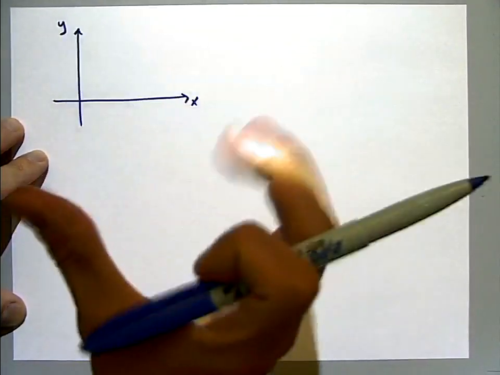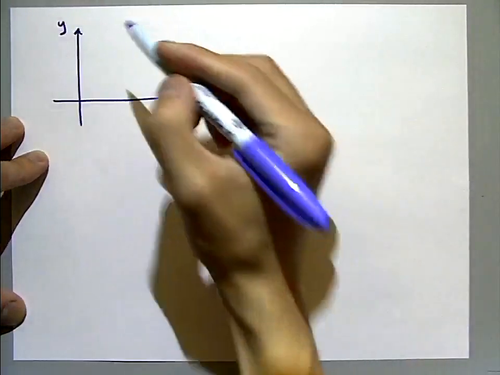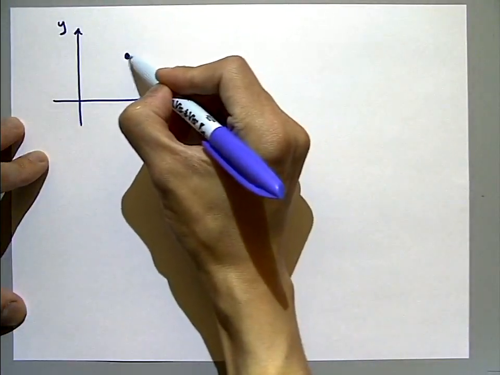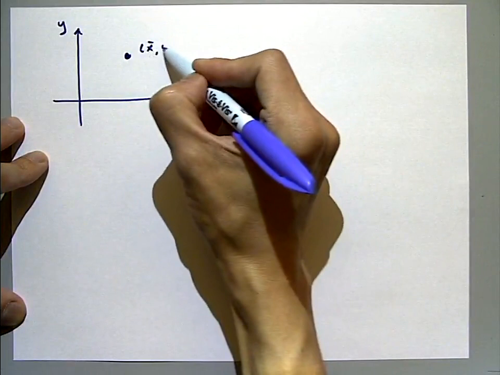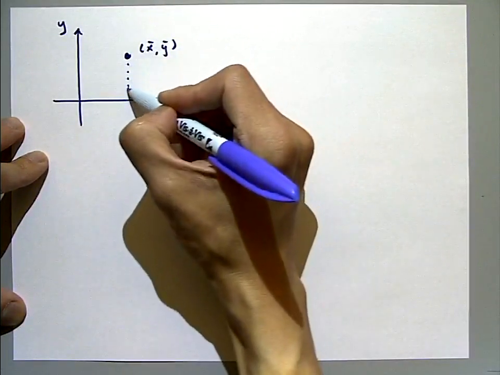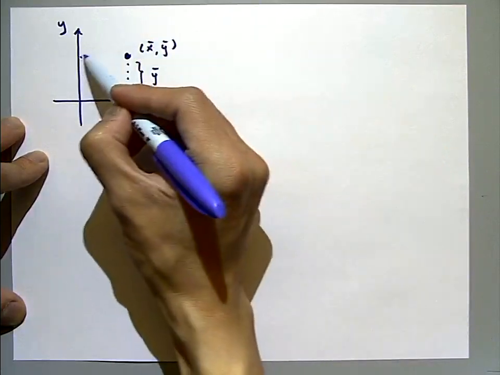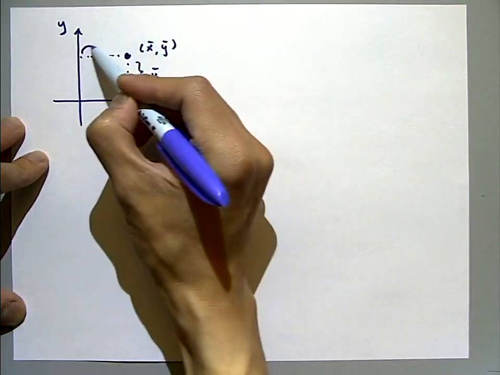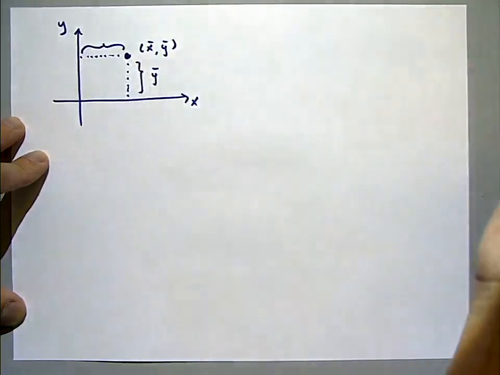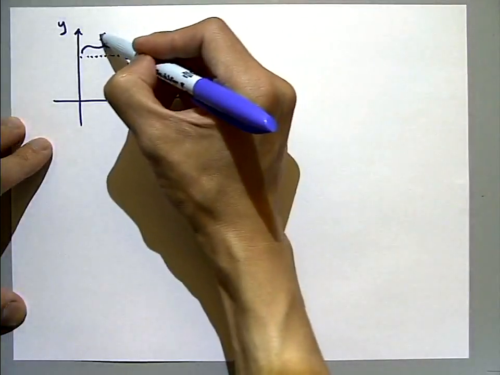Okay, now instead of that plate, imagine this thing's collapsed into one point right here. Right? Distance from the x-axis is y bar, and distance from the y-axis is x bar.